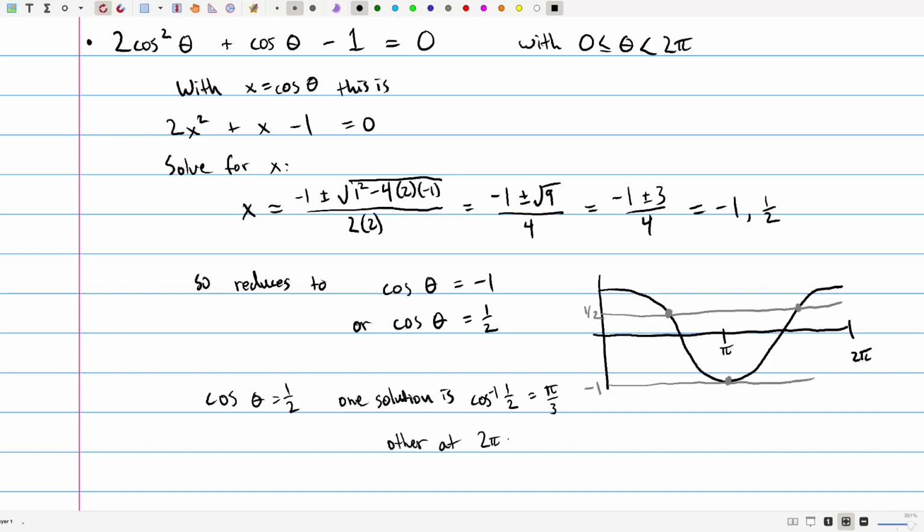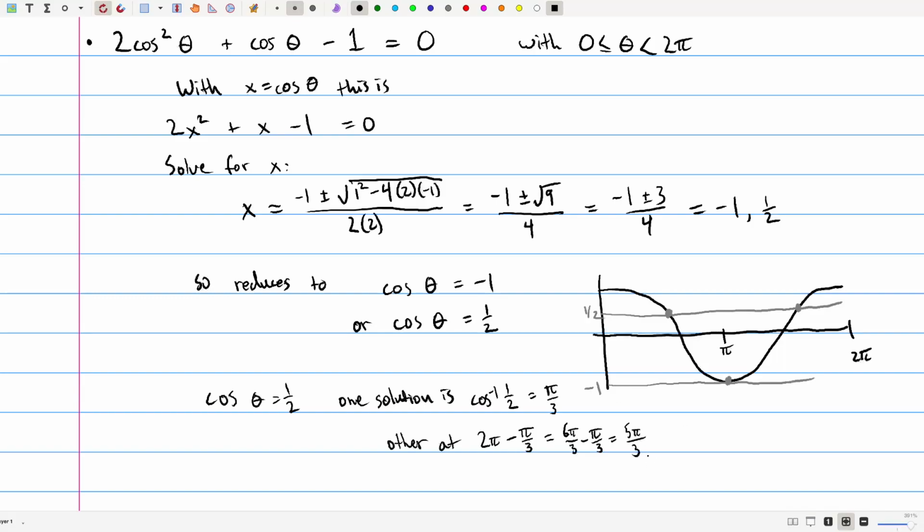So we do 2 pi minus pi over 3, which is 6 pi over 3 minus pi over 3, which is, is it really 5 pi over 3? I am going to check on a calculator just to be sure. The cosine of 5 times pi over 3 is indeed 1/2. Okay, so I misspoke with 4 pi over 3.